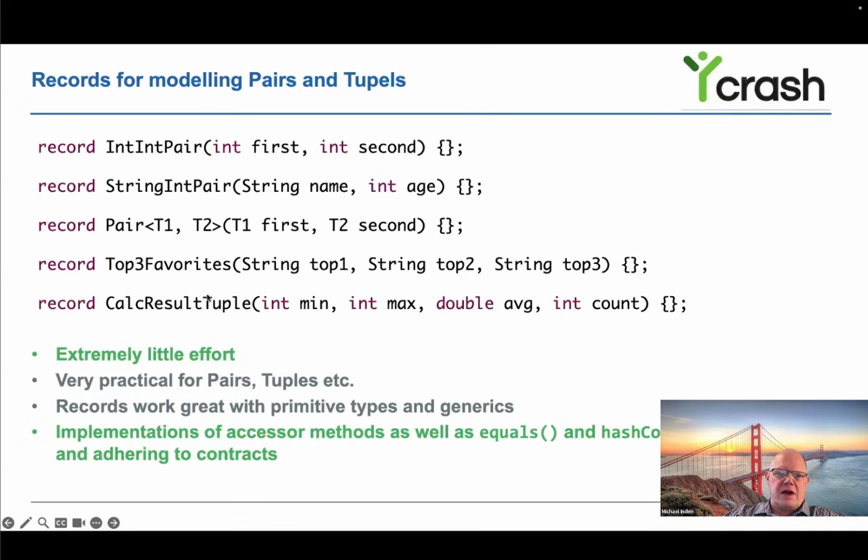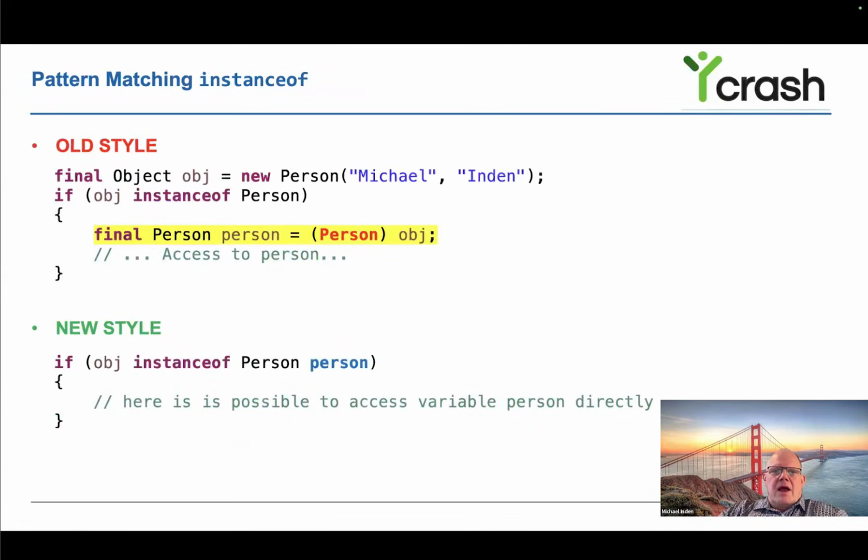Let's define a simple record. It's really just a little effort. It's really practical. It's generating all the necessary stuff, and it's even possible to implement interfaces and a lot more things. But for now, that's enough to get an understanding of records.